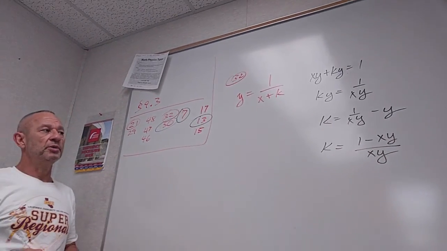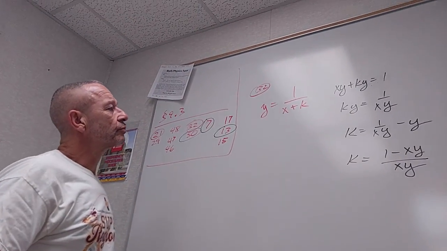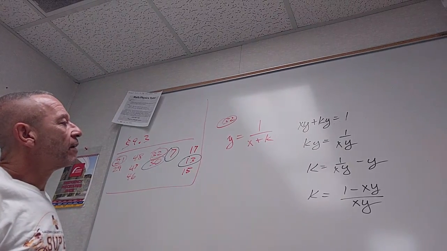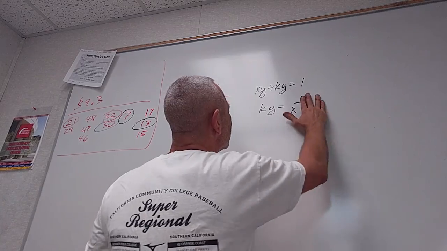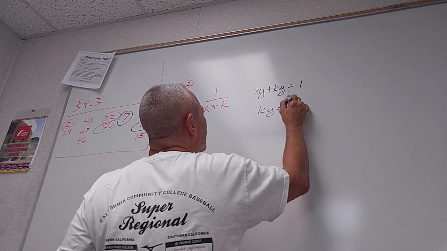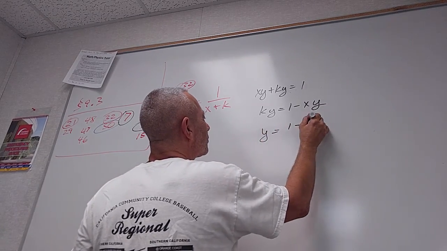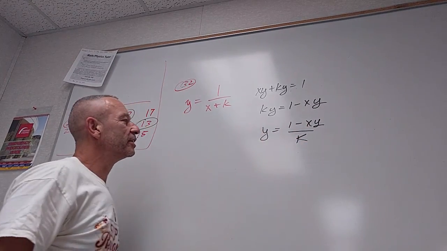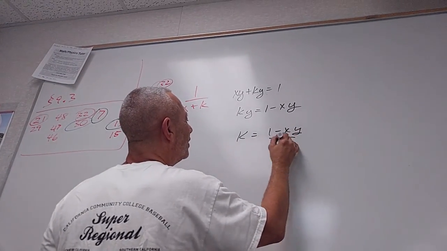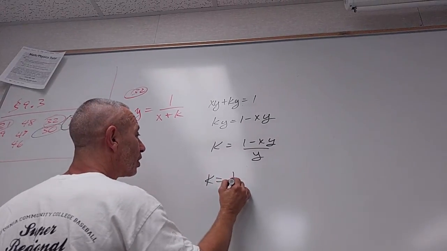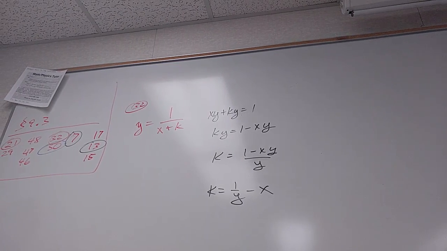I don't know which of those will be more convenient, but I've got them both right there. Once again, I may want to write that in one of those two ways: 1 over y minus x, or 1 minus xy over y.